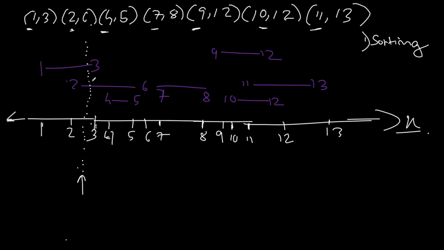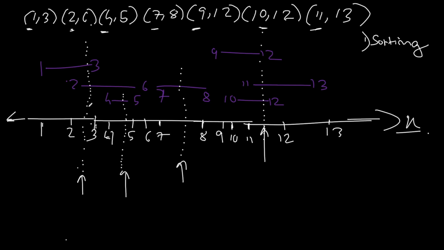Since 1 comma 3 and 2 comma 6 balloons are burst, I will require another arrow between 4 and 5 to burst this balloon, right? Fine. And to burst the 7 comma 8, I will require another independent arrow, right? Done. Now to burst these three balloons, I will put it between 11 and 12 here. So it will go and burst this balloon, correct?